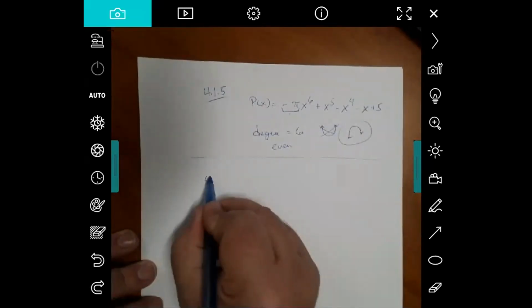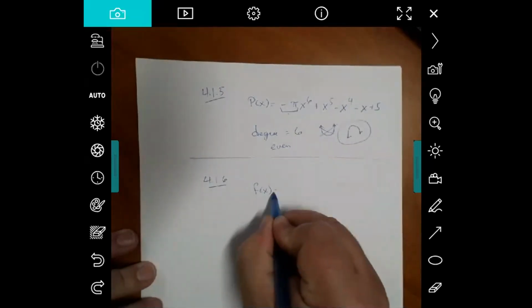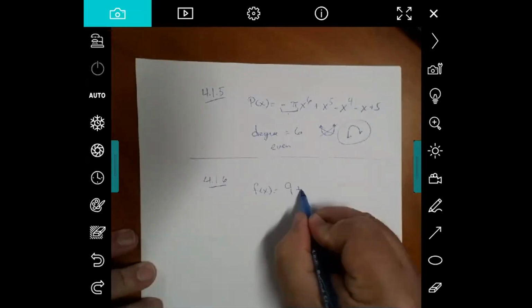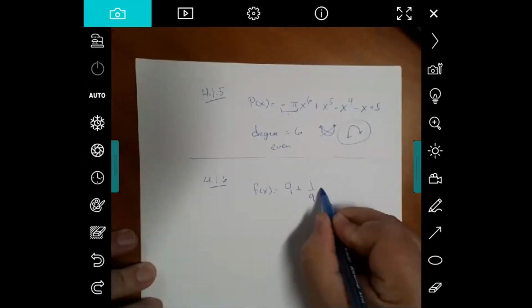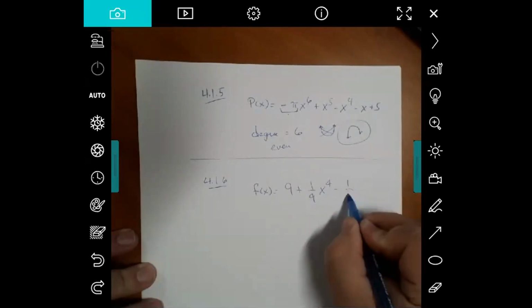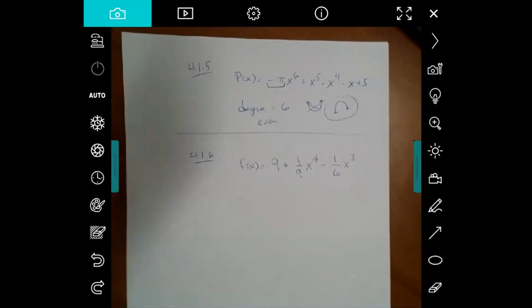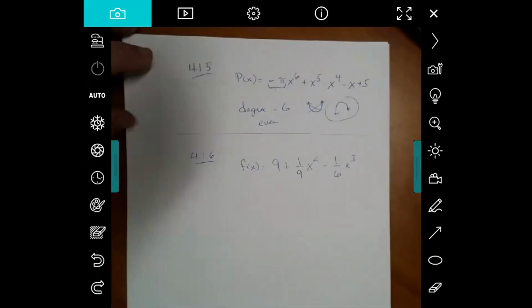Oh, now we have a bunch of fractions. F of x equals 9 plus 1 over 9 x to the 4th minus 1 over 6 x to the 3rd. Tell me the end behavior. They're going the same direction.